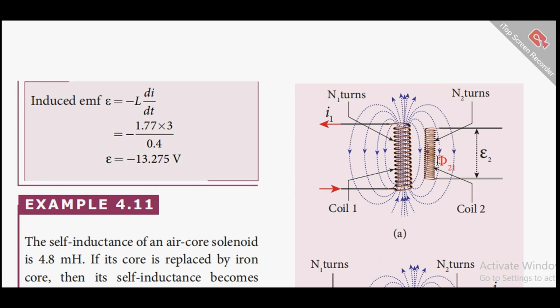So this is shown in this diagram. These are two coils having N1 turns for coil 1 and N2 turns for coil 2.